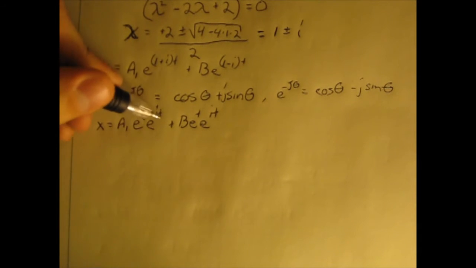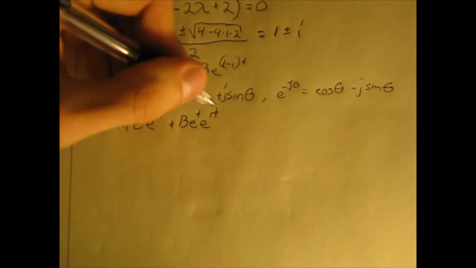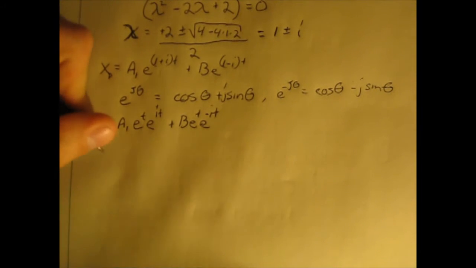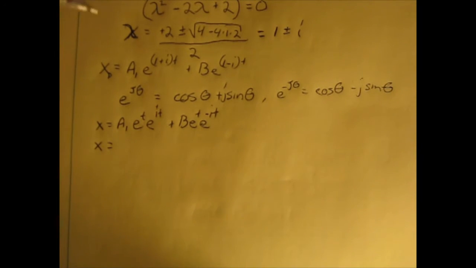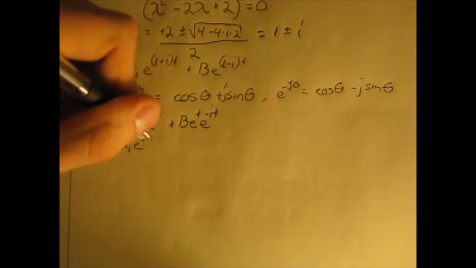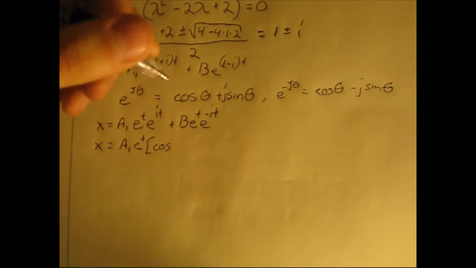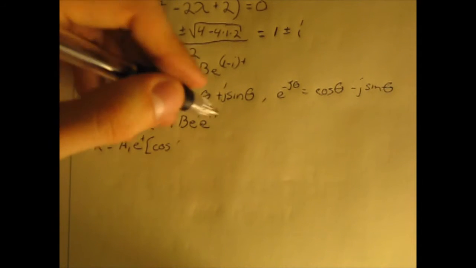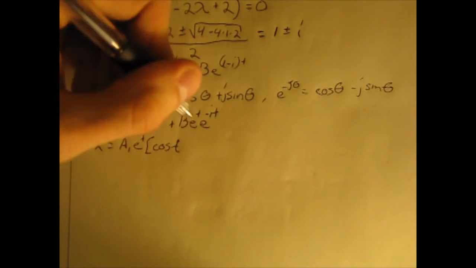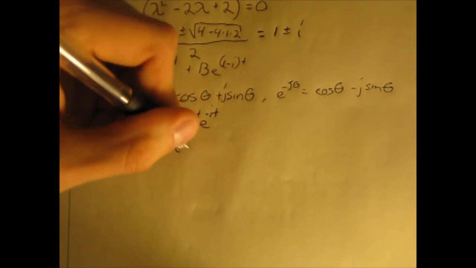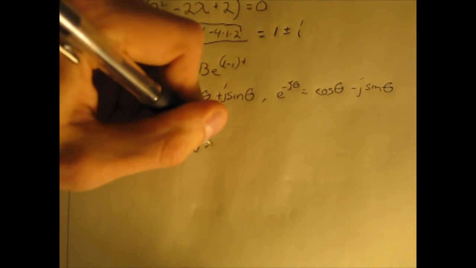So we want to take these two terms right here. It's a minus, my bad. We want to take these two terms and put them into this form right here. So we will end up getting x is equal to a1 e to the t times cosine t plus j sine t.